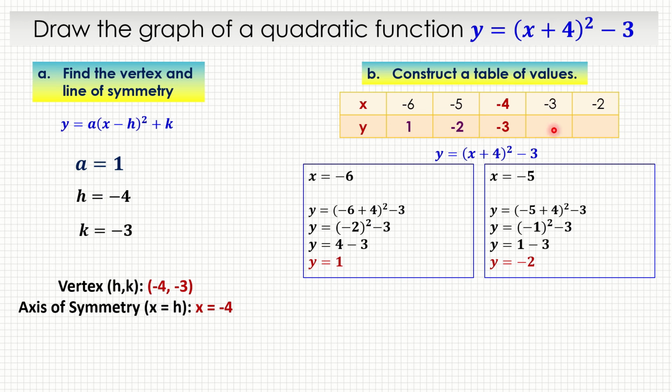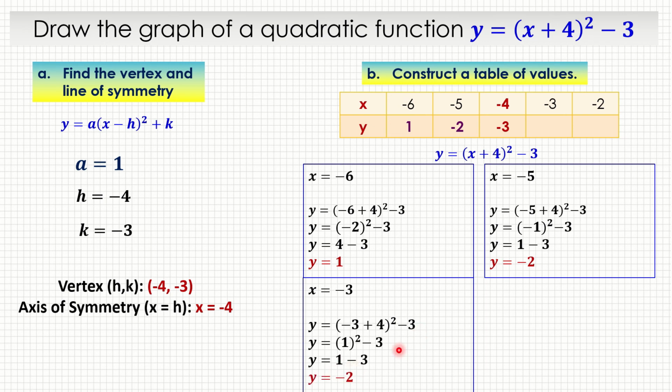Let us have the next one, if x is equal to negative 3. Substitute negative 3 for x. We have y is equal to the square of negative 3 plus 4, minus 3. That will be equal to 1 square minus 3, which is 1 minus 3, equal to negative 2. Therefore, the value of y when x is equal to negative 3 is negative 2.